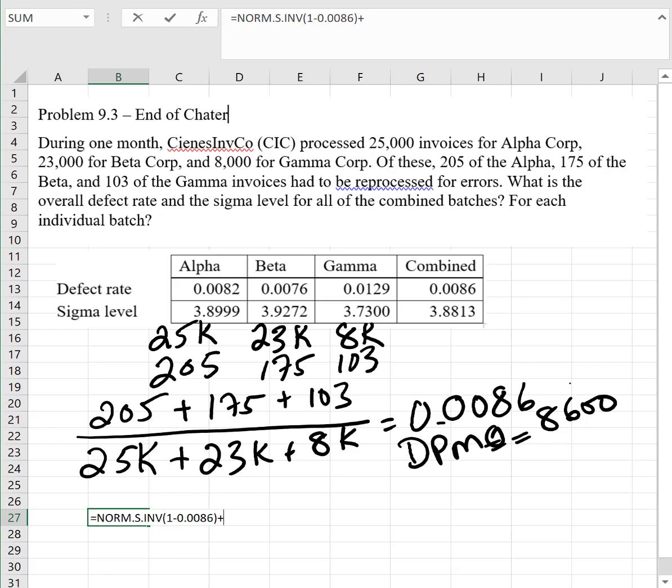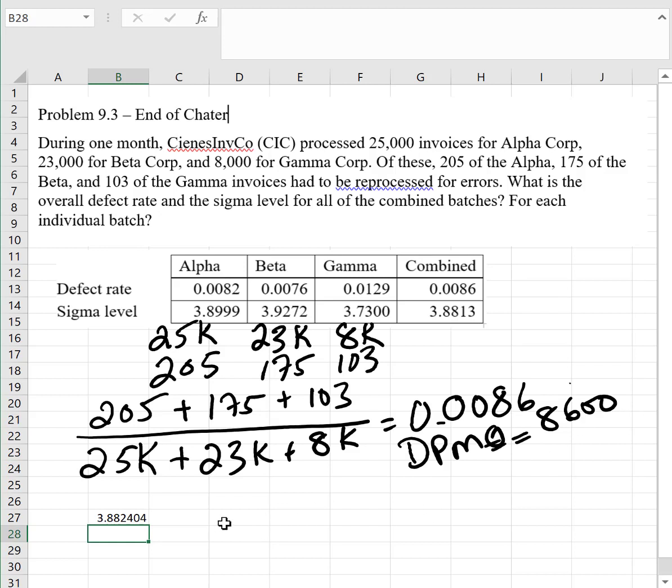To that I want to add a 1.5 sigma shift, and so the process sigma level for the combined process would be 3.88. Obviously, if I were to reverse it and use my normal distribution, I would get 8,600 as the DPMO for this process.